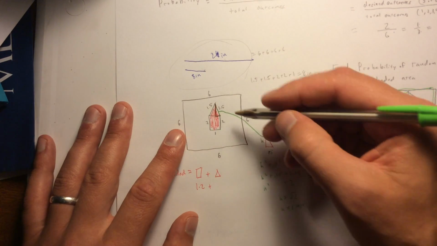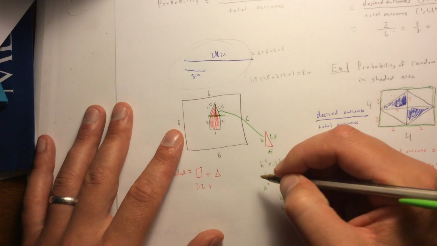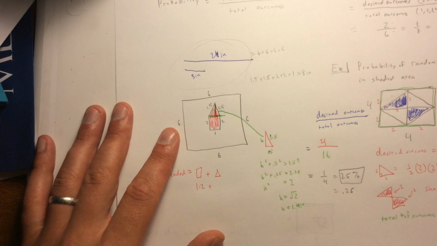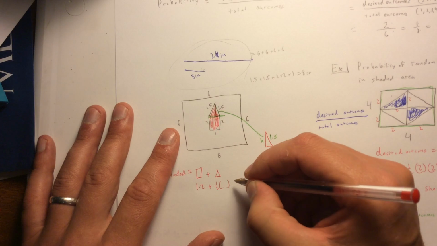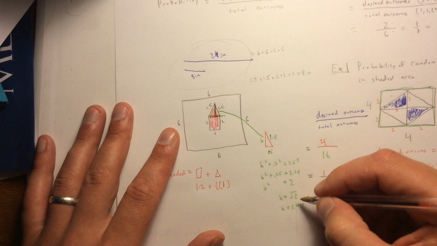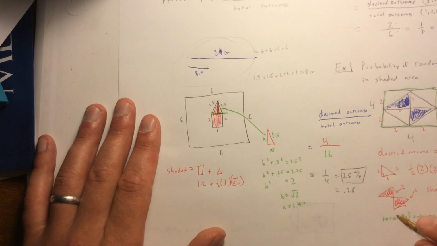So I'm going to take this. The base of this triangle right here is 1. So it's 1/2 base times height. The base is 1. The height of it is the square root of 2. Okay.